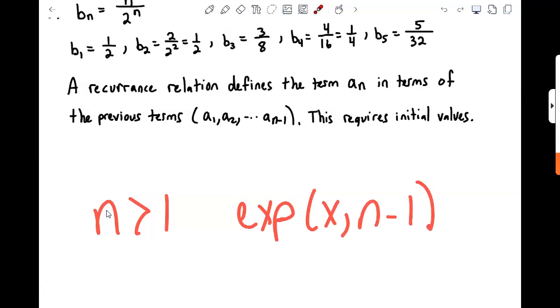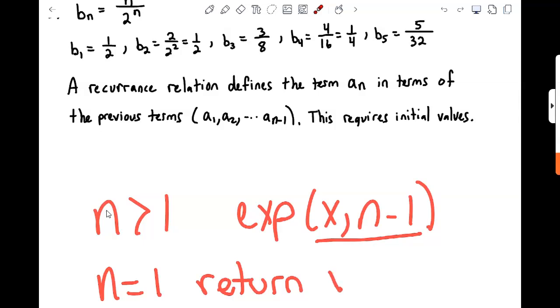What that does is it calls the function again. Programmers use this, so it will keep calling that until we get to the case where n is equal to 1. And then when that happens, return the value x.